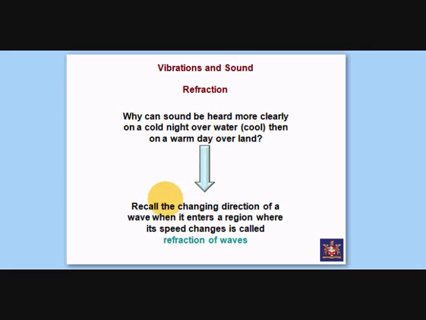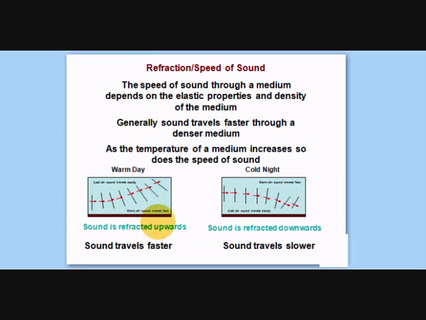Okay, this is explained by the refraction of waves. So these two neat little diagrams demonstrate refraction of sound. In the first case, the refraction is upwards, as on a warm sunny day, and then on a cold night you've got refraction downwards.